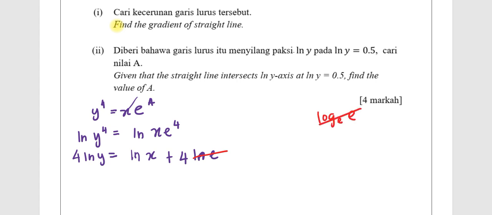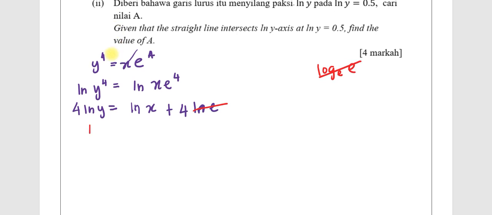Lepas tu ln y is equals to, 4 ni kita bawa satu persatu bahagi, dia akan jadi 1 over 4 ln x plus 4 over 4 is 1. Okay, so ln y is equals to, saya rasa dia dah dapat dalam linear form.